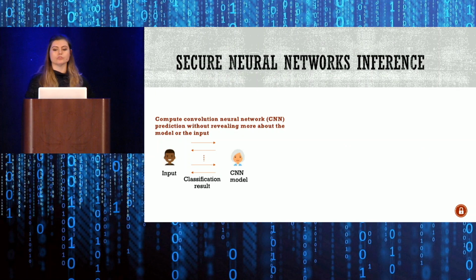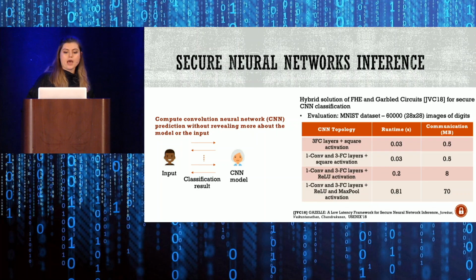And of course, when we talk about ML, we have to look at neural networks. So here is an example where we have two parties. One of the parties has a convolutional neural network model, and the other party has an input that needs to be classified according to the model in a secure manner. So here I will give you an example from a work from USENIX this year that proposed a hybrid approach between fully homomorphic encryption and garbled circuits.